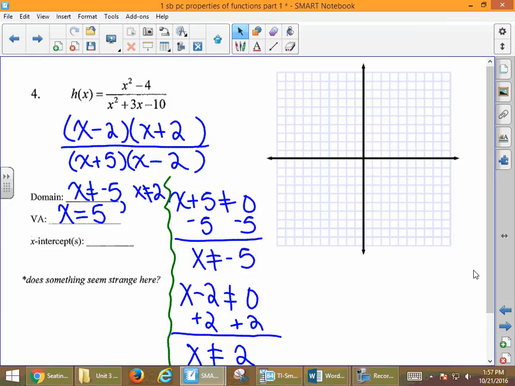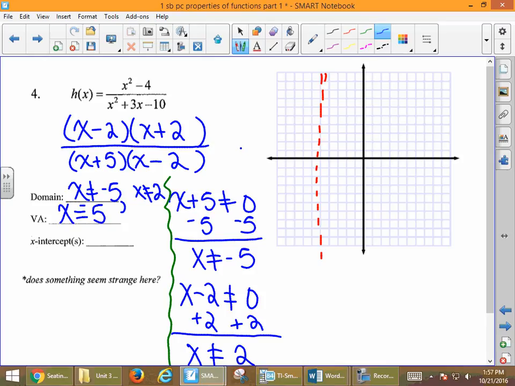So when we draw that in over here, how about x equals negative 5? Get that in there eventually. And we draw it in. 1, 2, 3, 4, 5. And then we can draw our picture as well.